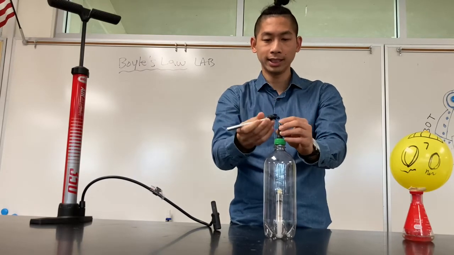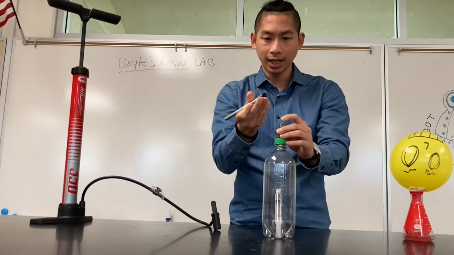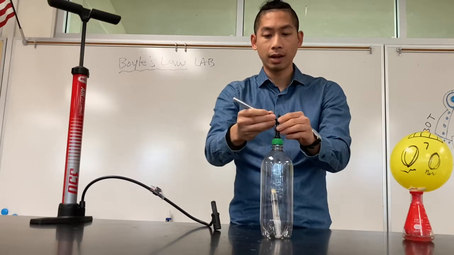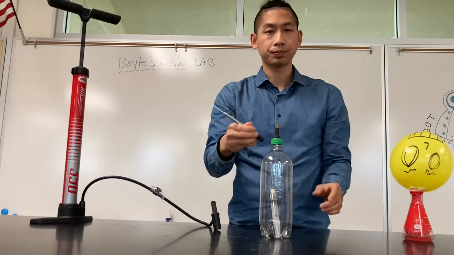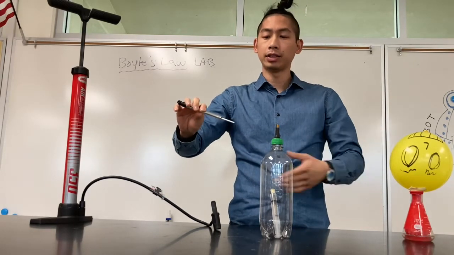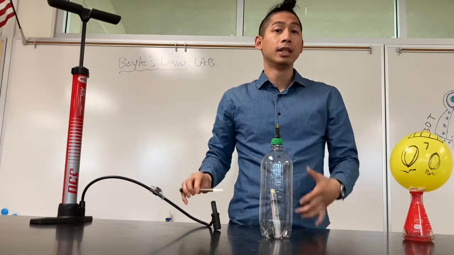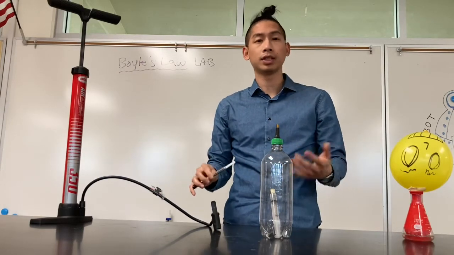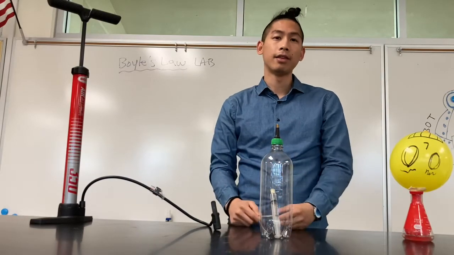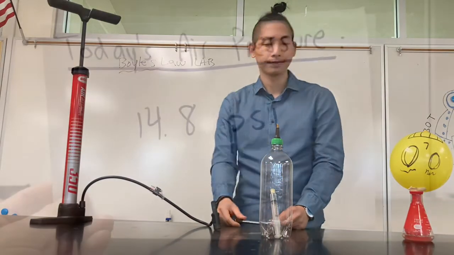You'll hear a little hissing, and that indicates that I let out some air. And then each time I'm going to measure the pressure. So each time I'm letting out air, each time I'm measuring both the pressure and the volume. So the idea is that we can test Boyle's law by seeing how the decrease in pressure affects the volume. All right, let's get to it.